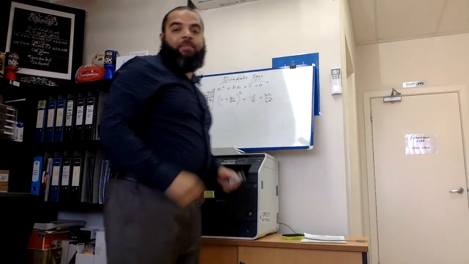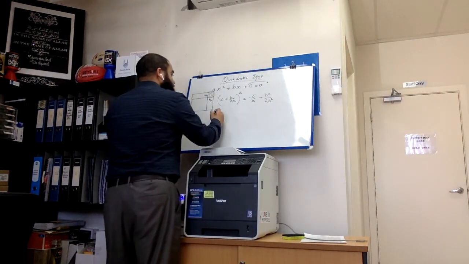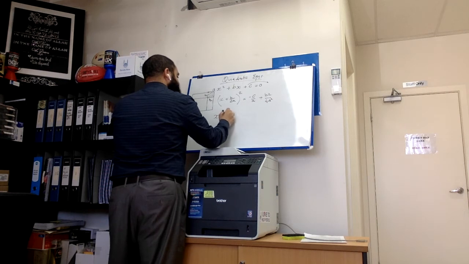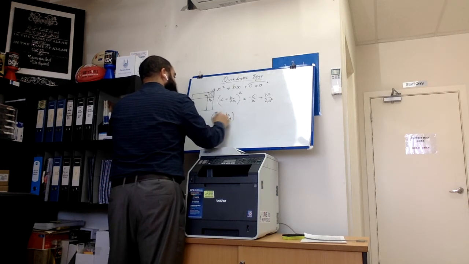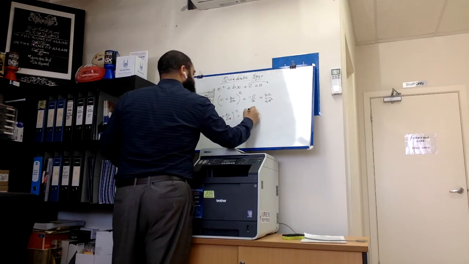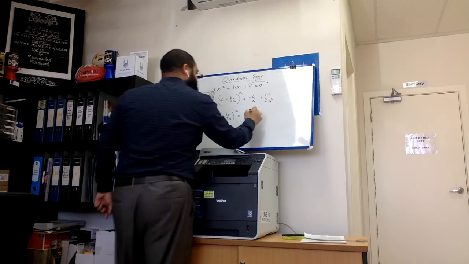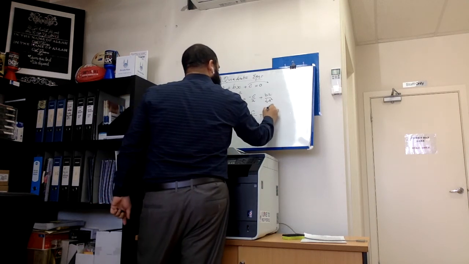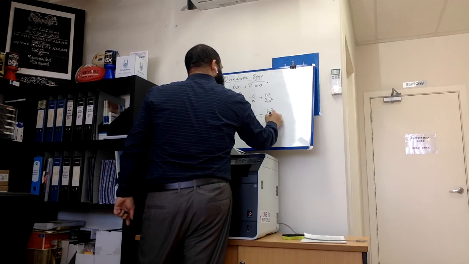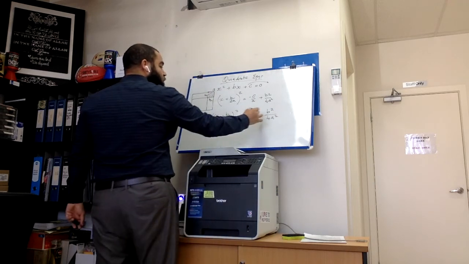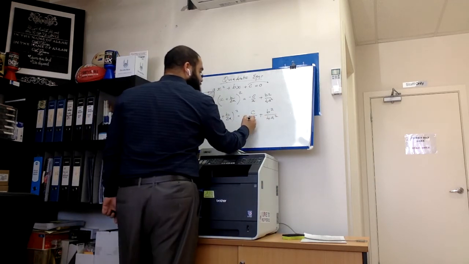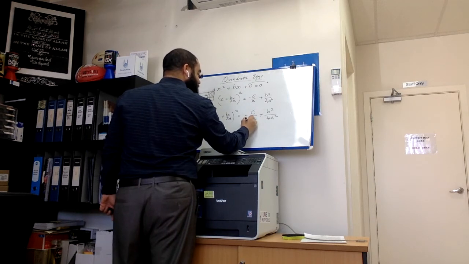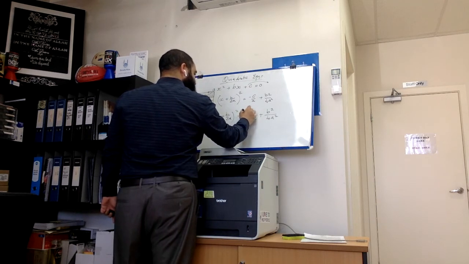So here, x plus b over 2a squared equals negative c over a plus b squared over 4a squared. If I need to add both of them, I need to multiply here by 4a and here by 4a.